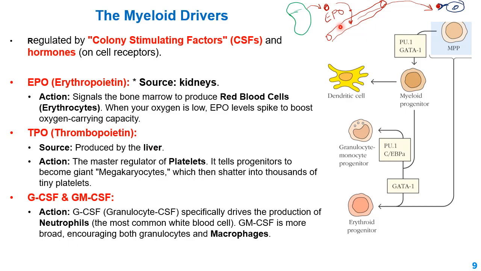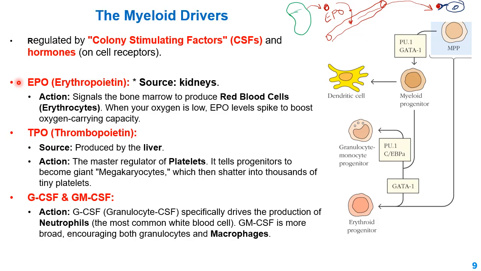Again, it is dumped in the circulation, gets all the way to your red bone marrow, and tells the MPP cell that you need platelets. Now your MPP cell is going to start to produce transcription factors, and you're going to end up with a megakaryocyte, and then you're going to get your platelets. We're going to talk more about that.